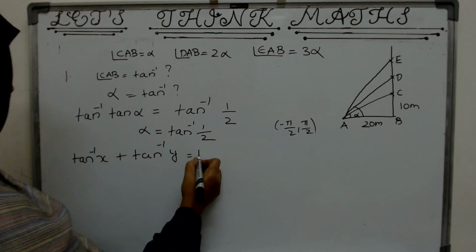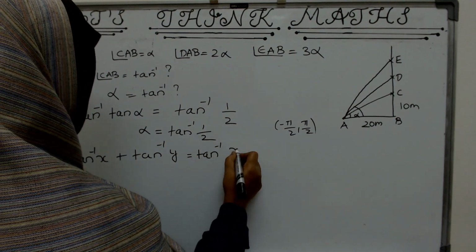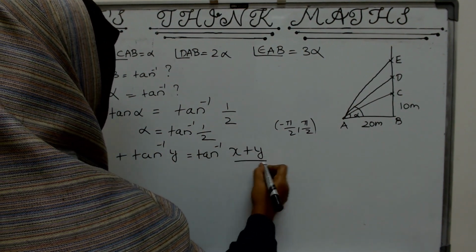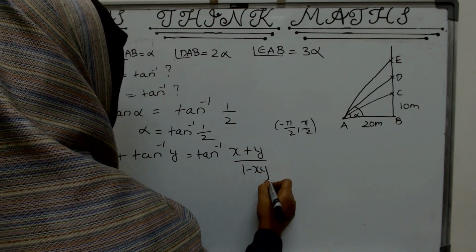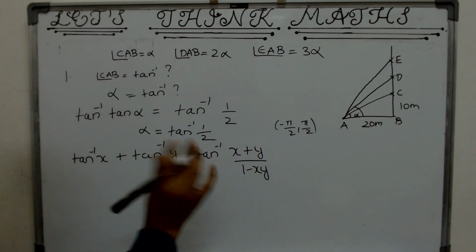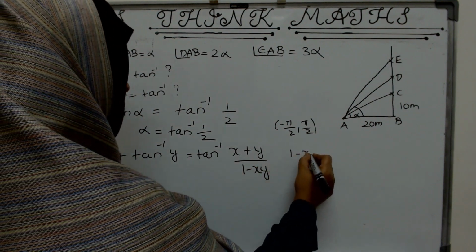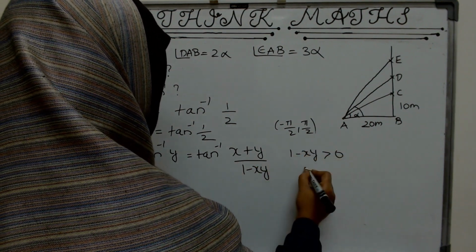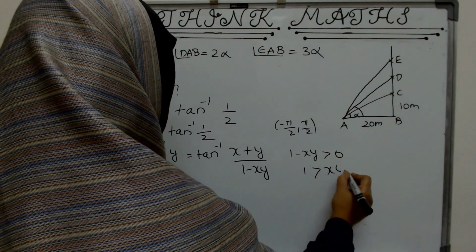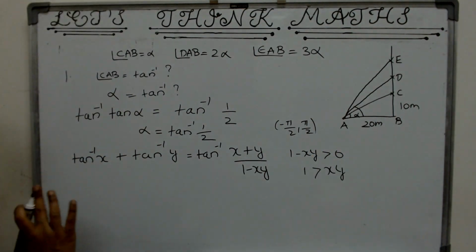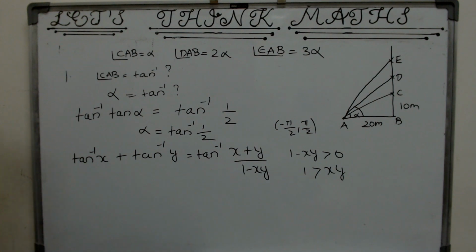So this is equal to tan inverse of x plus y by 1 minus xy. But please be careful, it comes with a catch. And what is that? Its denominator has to be always positive. That means 1 has to be always greater than the product of x and y.